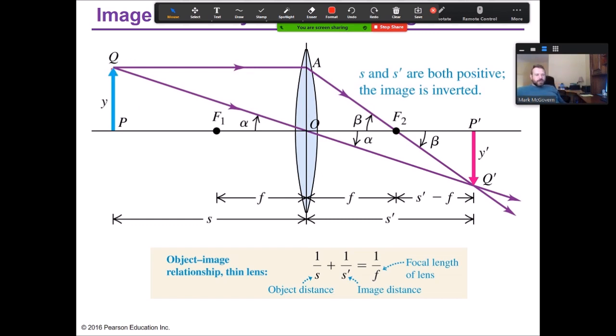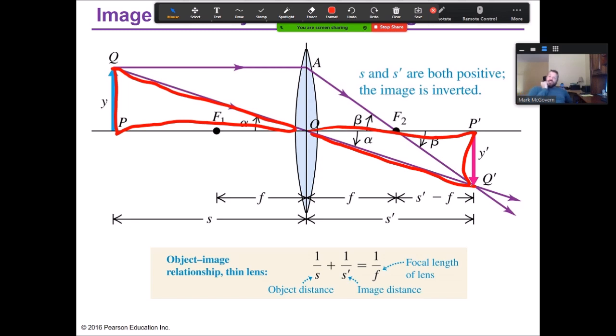So one of your similar triangles is this, that's formed from the object. Oh, not really good at the triangle. But that, which is dictated by alpha here, is the same as this other triangle here. That goes down here. Boy, I can't draw straight lines. So those are similar triangles. And then when you consider what's happening at the focal length, you got this triangle up here, and you got the other one with beta.